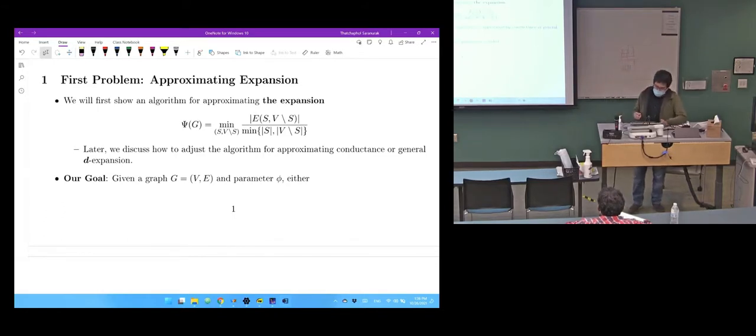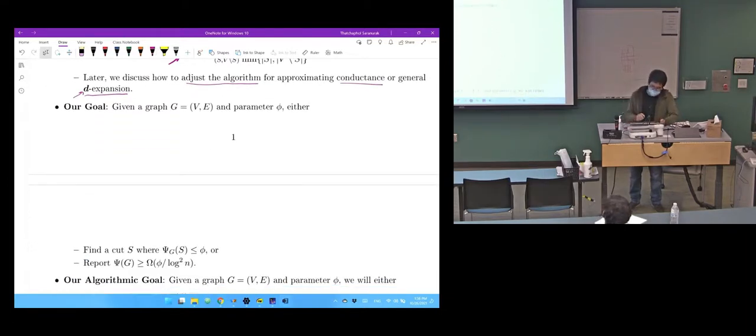First I will tell you how to approximate expansion, like from last time, not conductance but something related. The expansion of a graph is where you look at all cuts and compare the cut size with the number of nodes inside it, not the volume. That's the difference. So we will approximate this thing, psi of G. Then I will tell you how to adjust the algorithm to make it work for conductance or even general degree expansion.